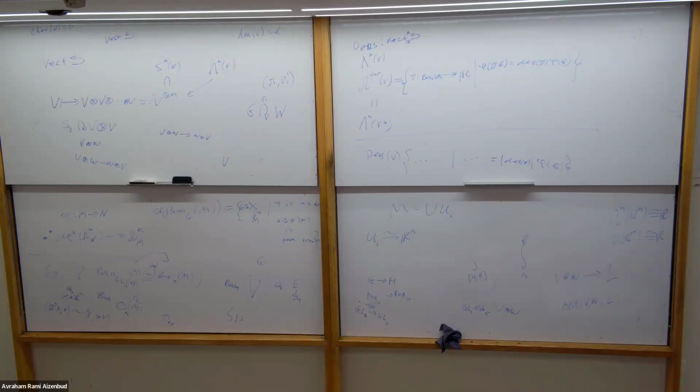So for GLN C, let's do this. The problem is R does not have a filter origin.